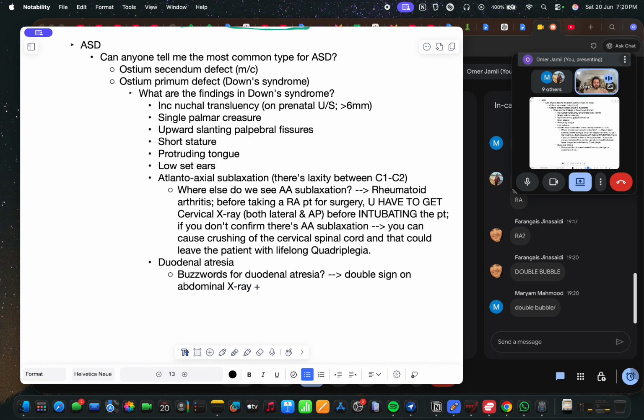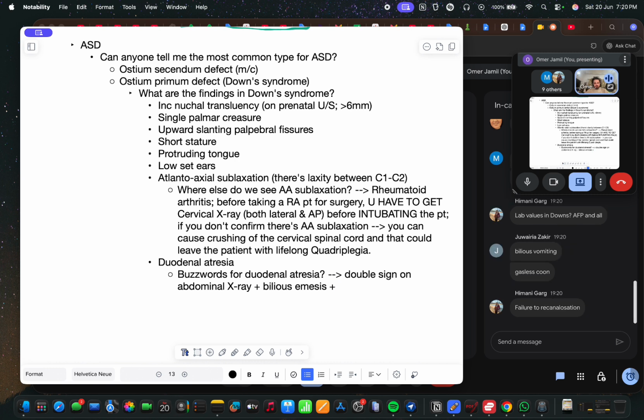Two more signs I want to see to confirm it's duodenal atresia on a question stem. Bilious vomiting, very good. And one more. Okay, we're going to discuss those, don't worry. One more, anyone? Gasless colon.